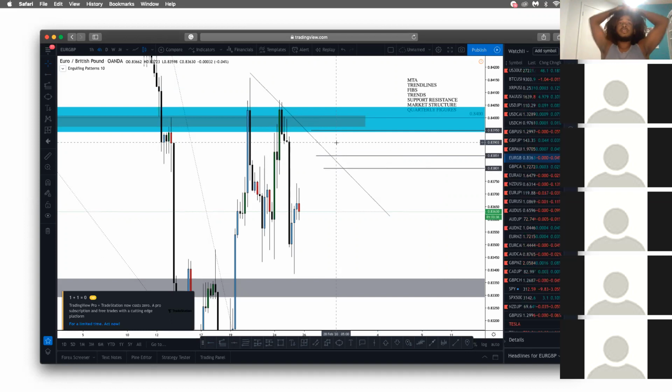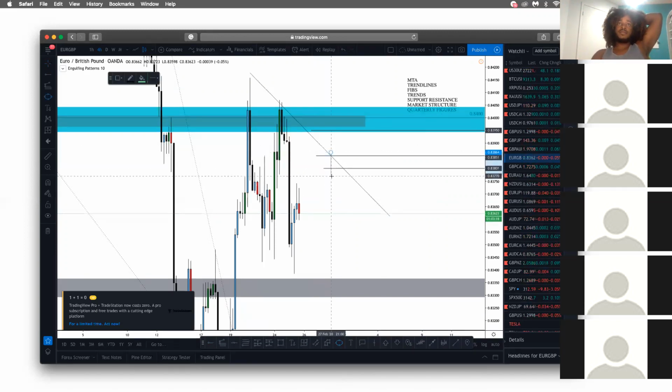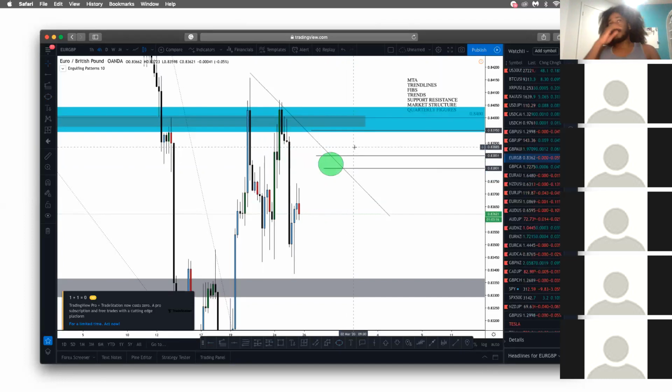All good answers, right? Let's be aware the market could move any amount of pips at any time. So with these entries right here, you have 1 point because you have one confluence, right?